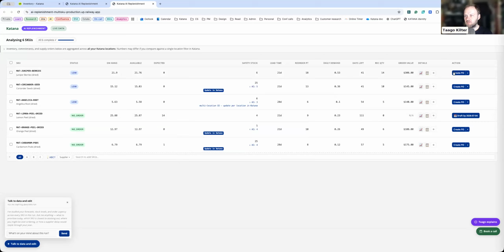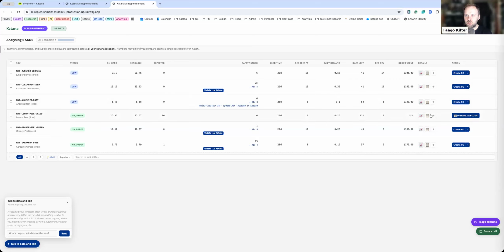Also, you can here create a PO, similar way like you saw in the single SKU version. You can create a draft PO, which means that you don't create any expected quantities, but you can create that PO to, for example, discuss the quantities with your colleague or get an approval from your supervisor. And then only convert the draft PO.